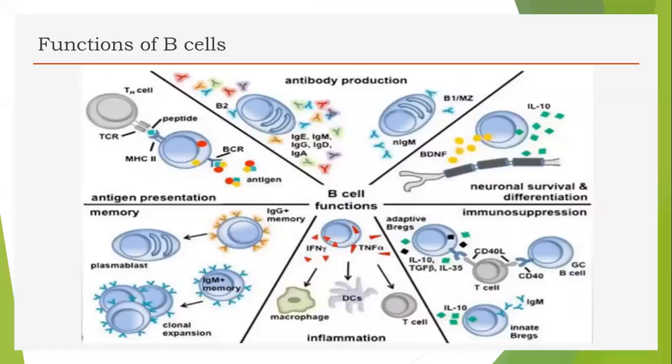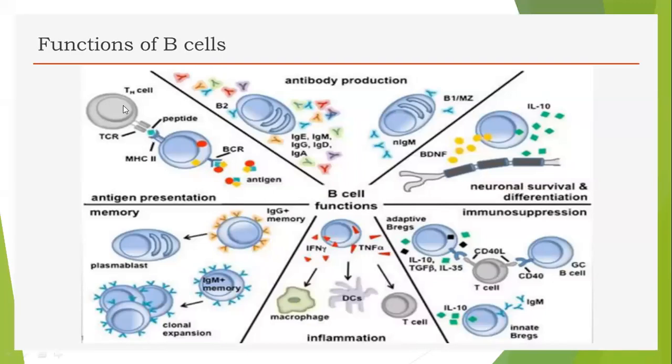So in terms of functions of the B cell, we need to understand several functions. As we talked about, the first function of the B cell is the binding to the T cell, which is antigen presentation of the antigen peptide to the T cell.